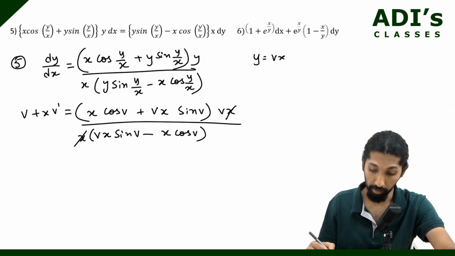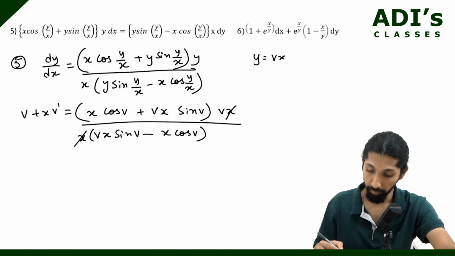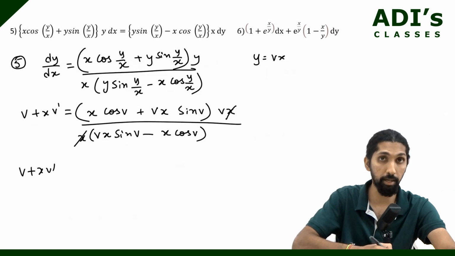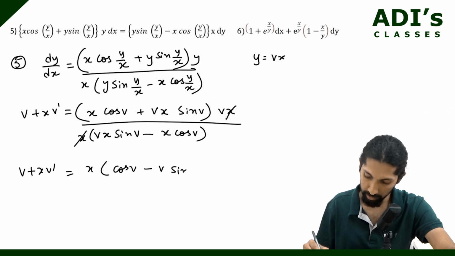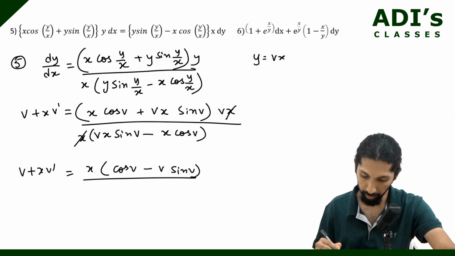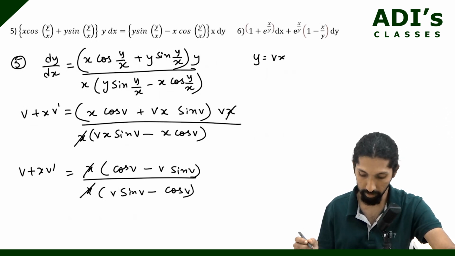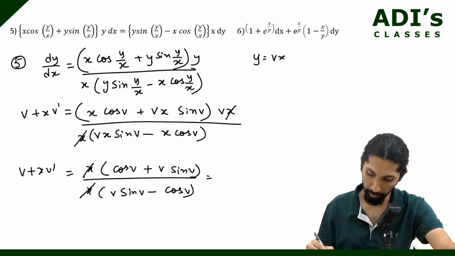Again, take x as common. So you will have v plus x into v dash, the first part, x into cos v minus v sine v divided by x into v sine v minus cos v. X and x cancels, right? See, now what we minus, correct? So there is a plus here.